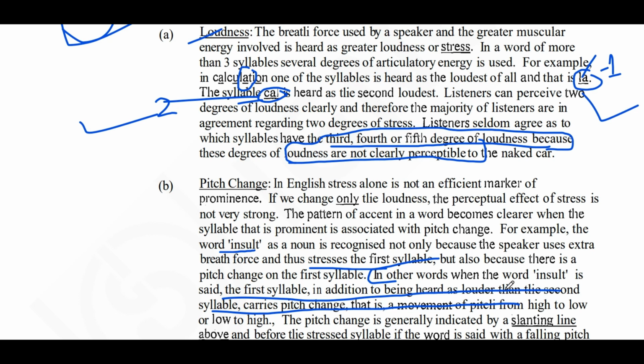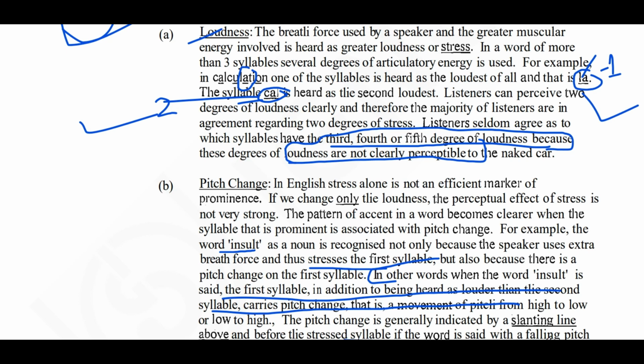So insult is a first syllable prominence, and usually when you say that in a sentence, like "she insulted me", what are you highlighting? The first part of this word. Okay, so you're focusing on the first part.